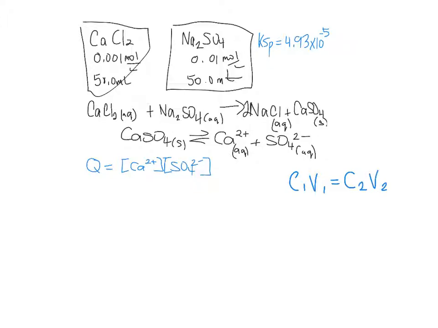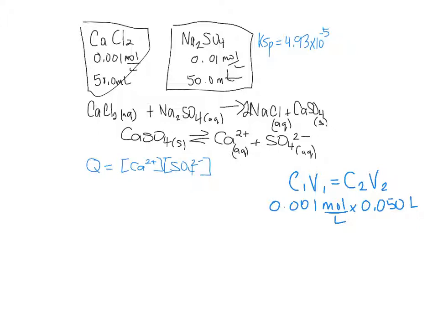There's a situation 1 before you mix the substances, and then situation 2 is after. So you have to do this for both ions. Calcium comes from calcium chloride. It's the only source of calcium in the beaker. So you've got 0.001 mole per liter times 50 milliliters.